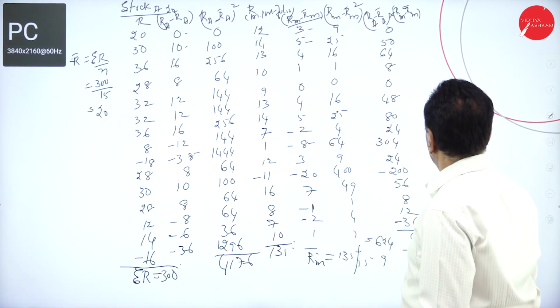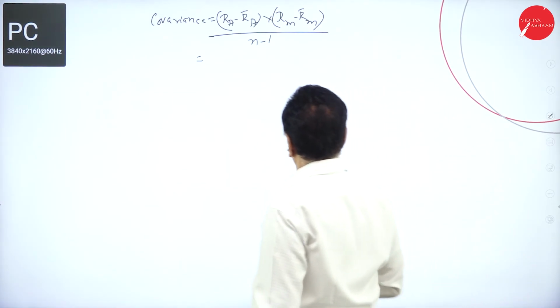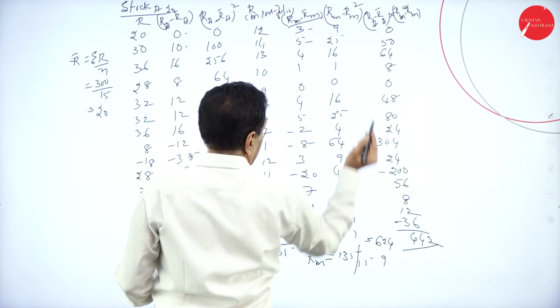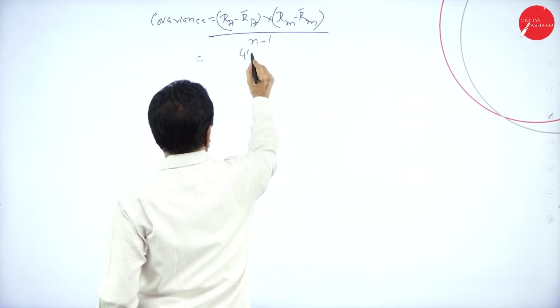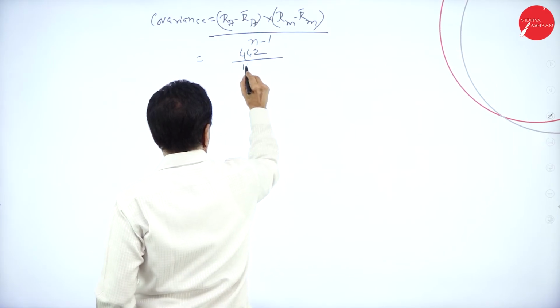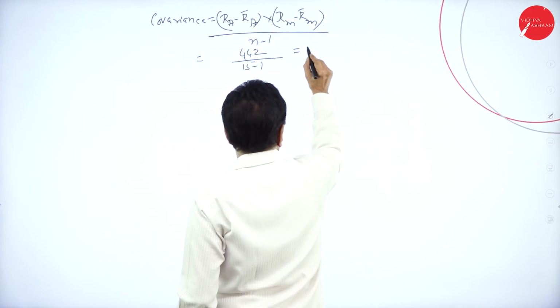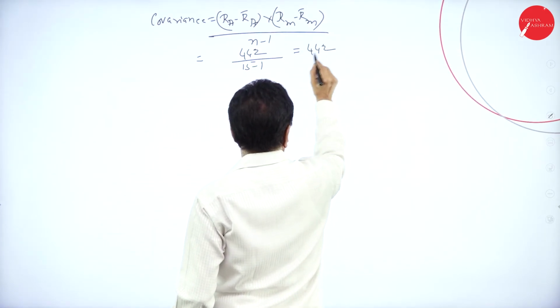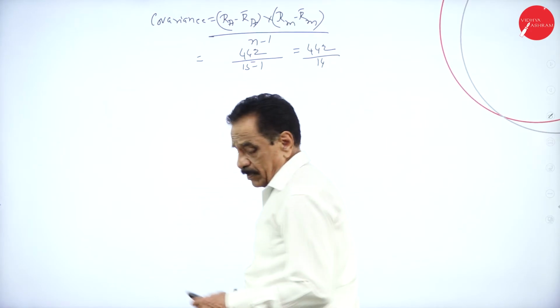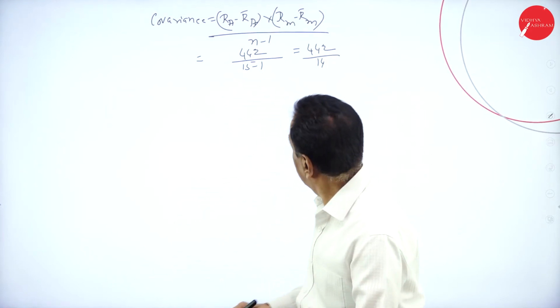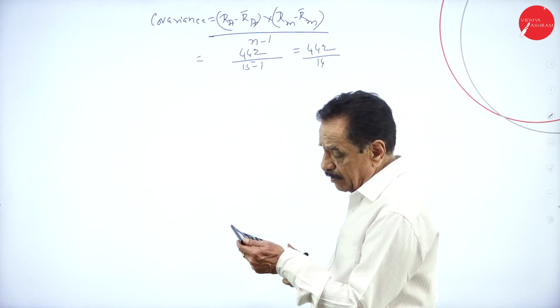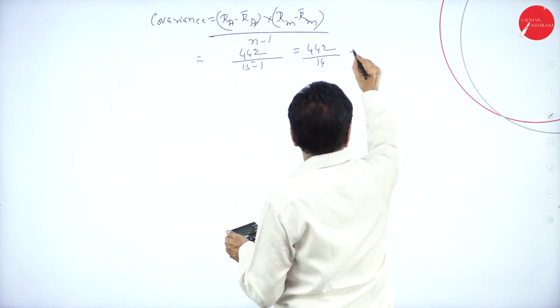The sum is 442, and the number of items is 15 minus 1. 442 divided by 14 is 31.57.